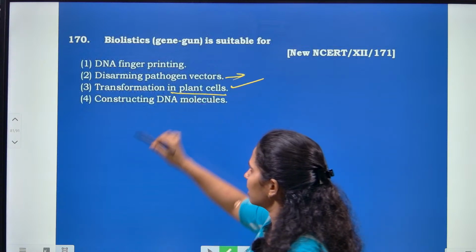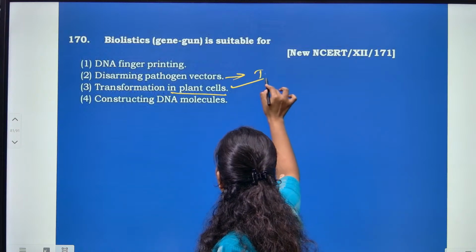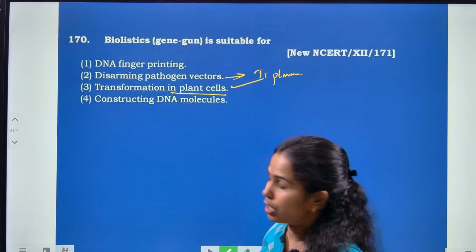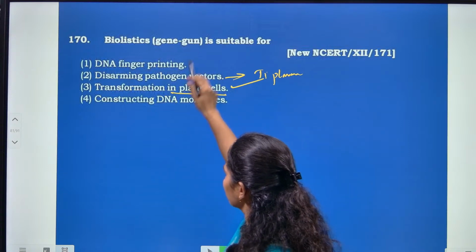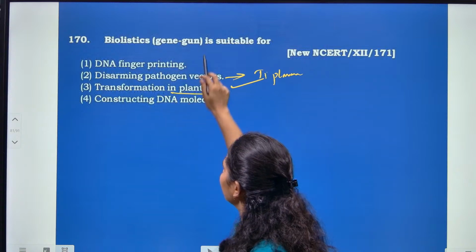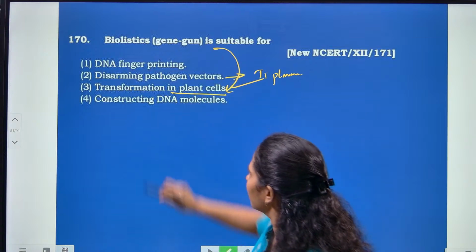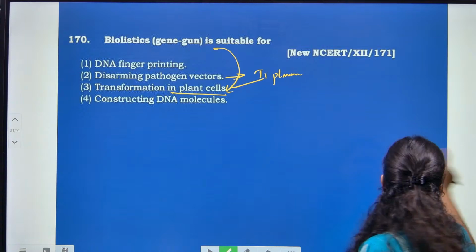Do you know which is the disarmed pathogen vector here? It is the Ti plasmid, that is, the tumor inducing plasmid of Agrobacterium tumefaciens. Nor for constructing the DNA molecule. So it is not for the construction of DNA molecules; it is a method for inserting the gene of interest in plant cells, that is, transformation in plant cells.